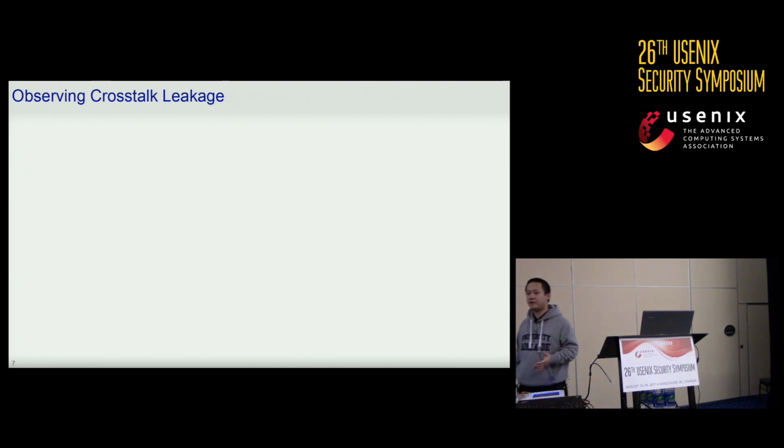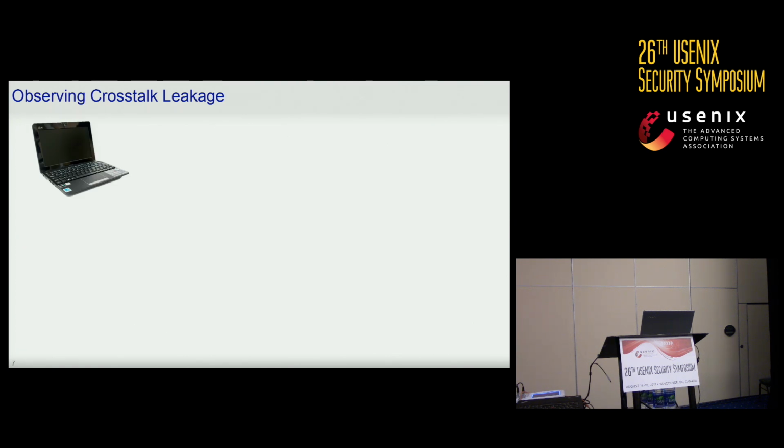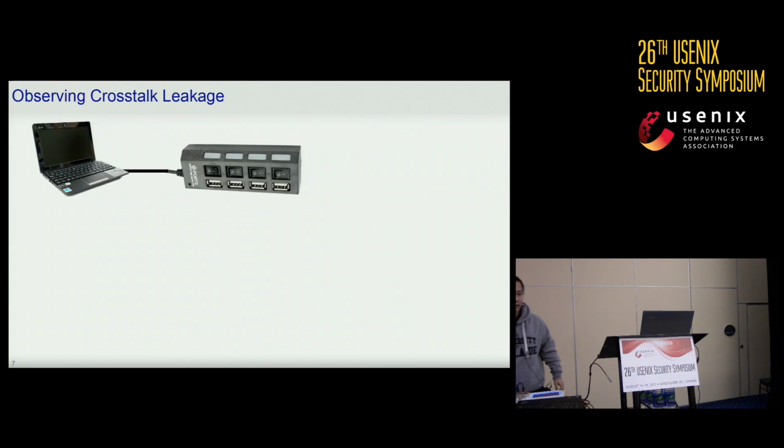Where and how can we observe the crosstalk leakage? What I'm doing on this table is exactly as shown on the screen. First of all, we have a host machine, which is connected to a 4-port USB hub. On each port, we have 4 pins. 2 of them are power lines, 2 of them are data lines.